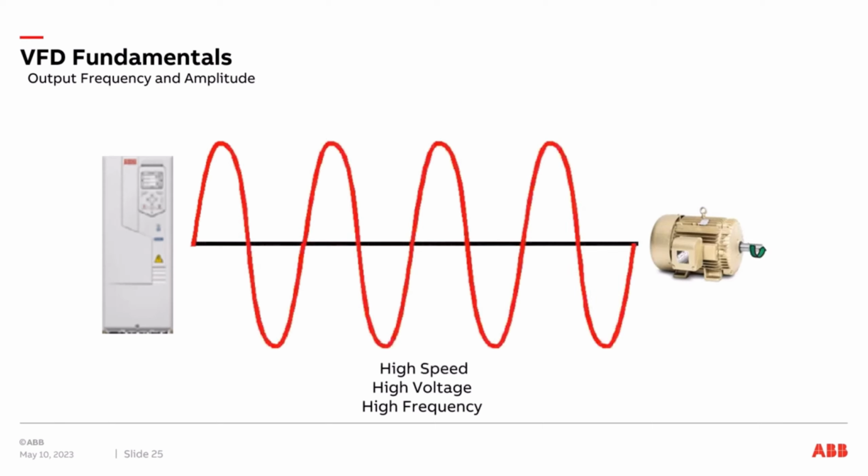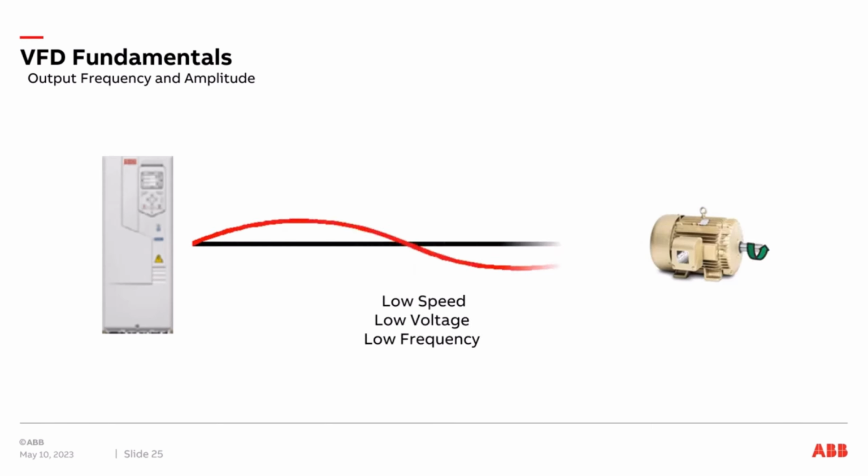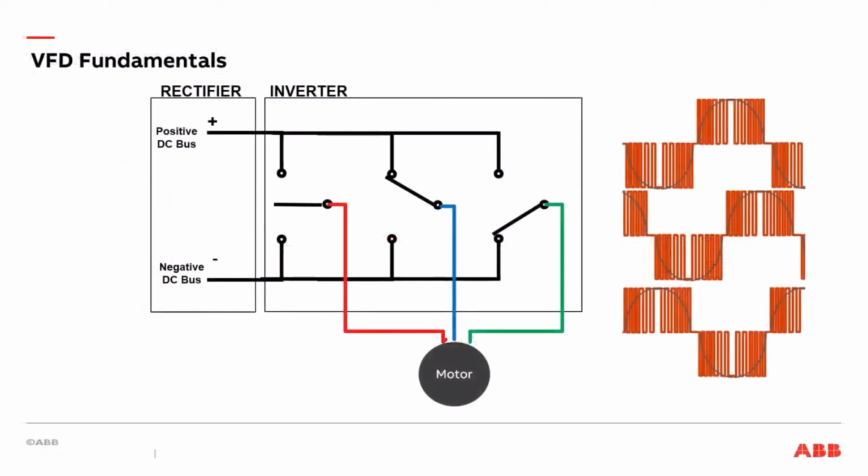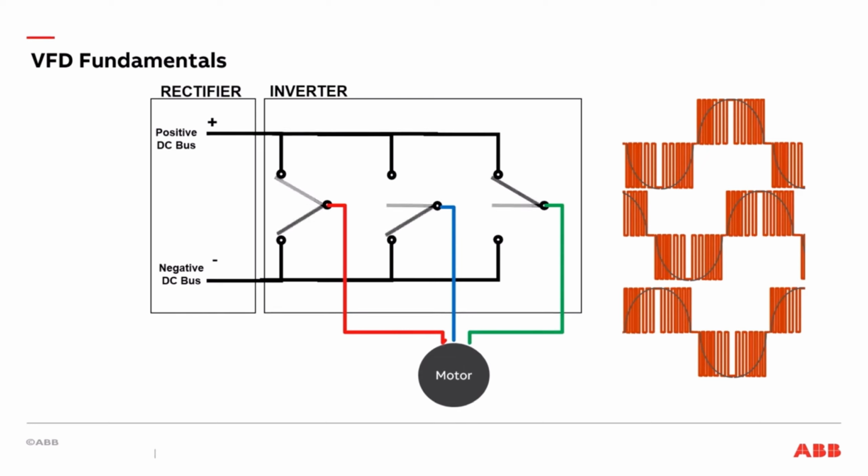A higher frequency with a higher voltage gives a higher speed on the motor. A lower frequency and a lower voltage gives you a lower speed. We're doing this for 3 phases, changing the phases for the motor, so we're rebuilding a 3-phase output to the motor.